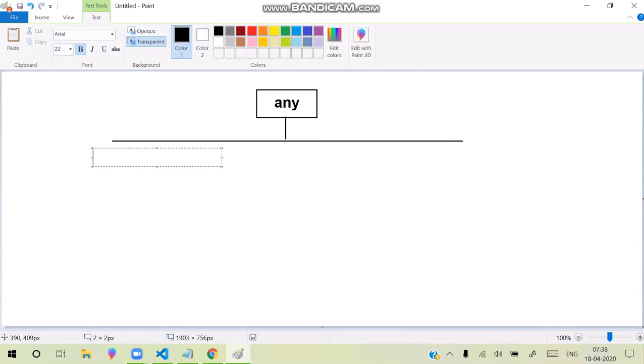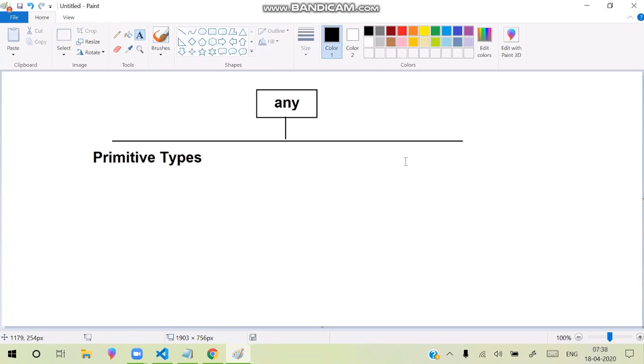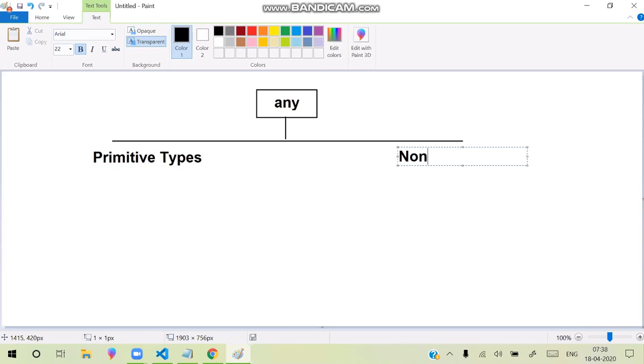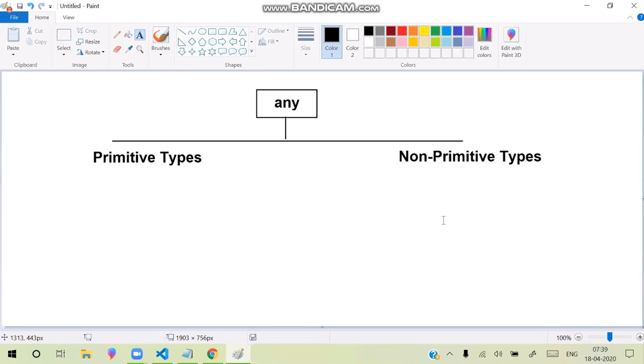We have primitive types, and we have non-primitive types.